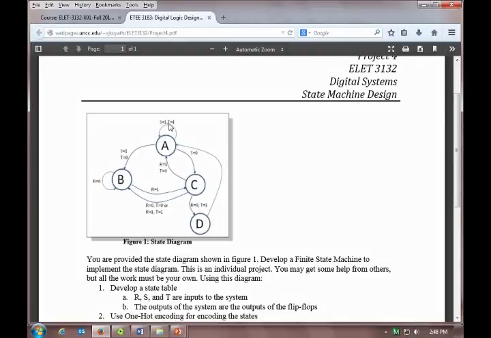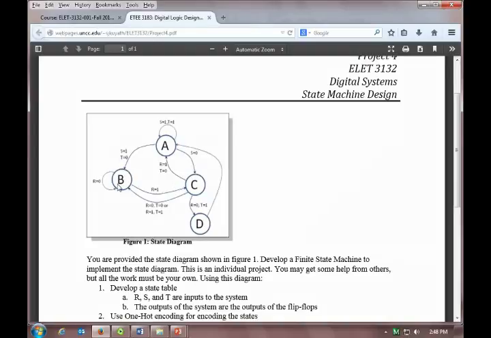So, yes, you have R, S, and T. And for some of them, like this one, this doesn't have R associated with it. It doesn't have R associated with it there. And it doesn't have R associated with it here. So the 3 transitions leaving A don't involve R at all. So R is going to be don't care. Okay?